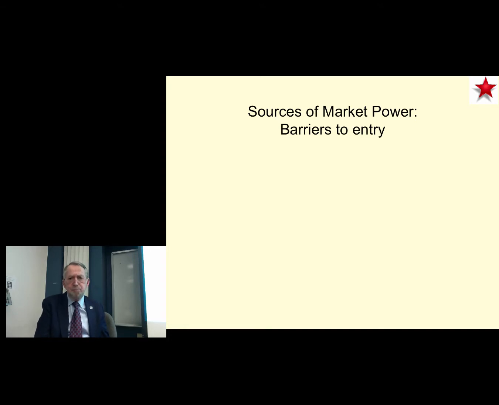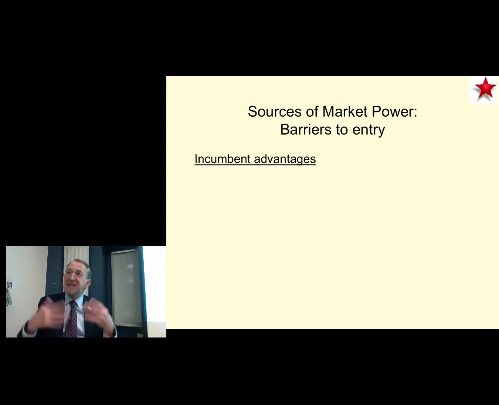So we want to evaluate what are some of the things that prevent competition from occurring in a particular marketplace. And incumbent means existing firms in the industry, and the existing firms may have certain advantages that make it difficult for new firms to come into production.